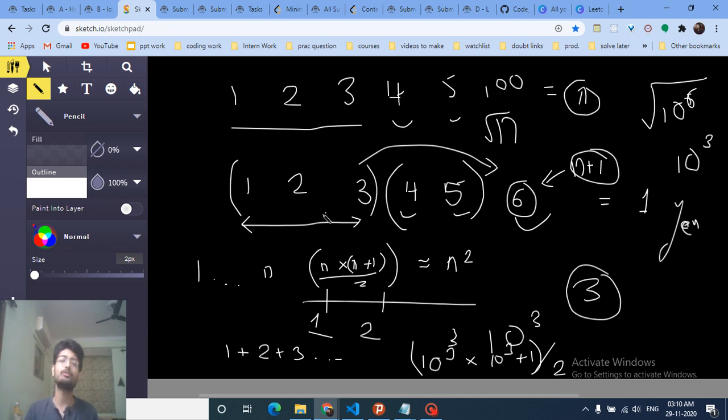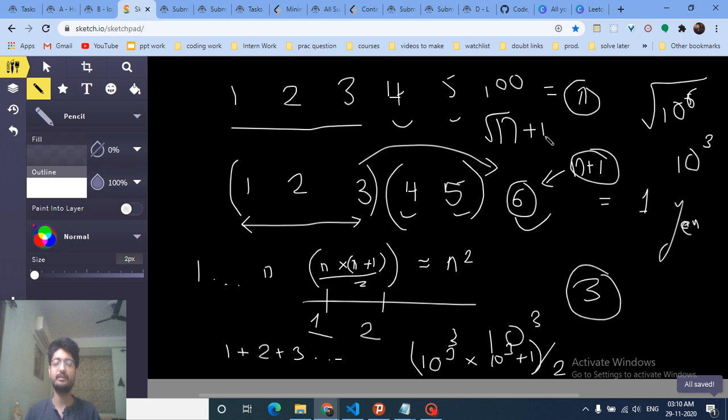So I'll start by assuming the total length from the start I have taken is 98. If I have taken 98 logs from the start, what is the total sum of that? If the total sum is less than n plus 1, then it is fine. I will go to the next step.